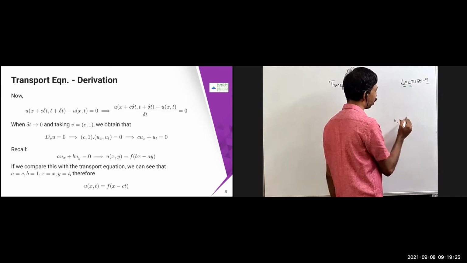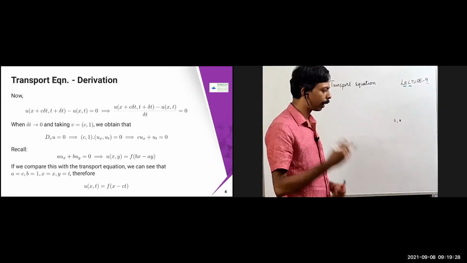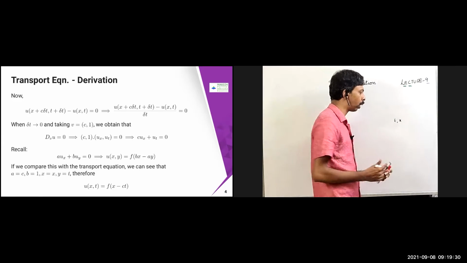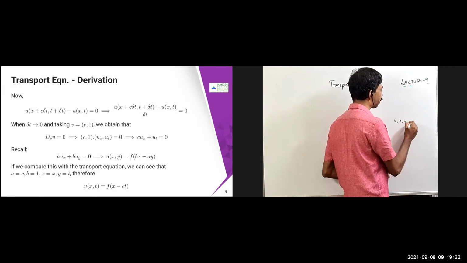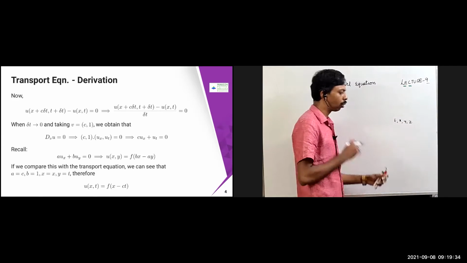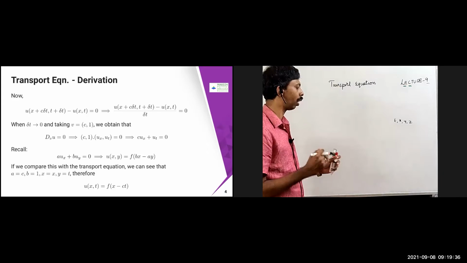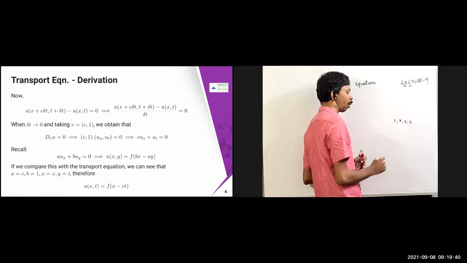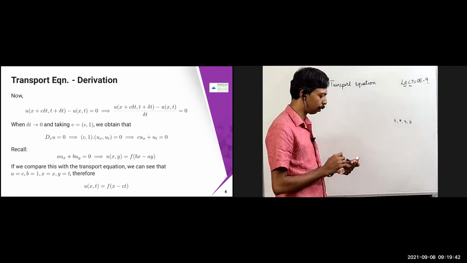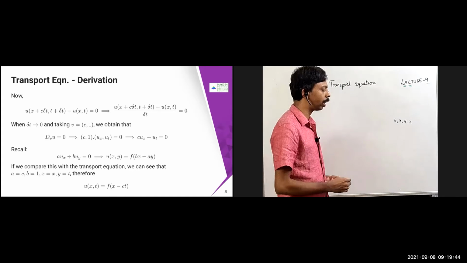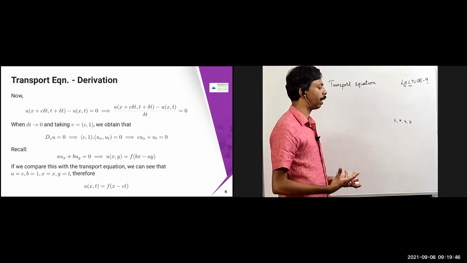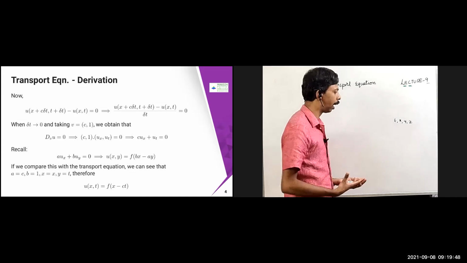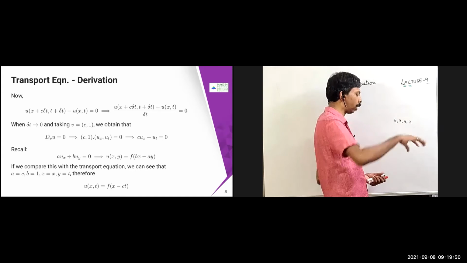But once you come to reality, it is not going to be t and x only. It is going to be t, x, y, z. So we will have much more complicated equations in real cases, for example if you want to observe how pollutants behave in the city of Delhi or some city in India.